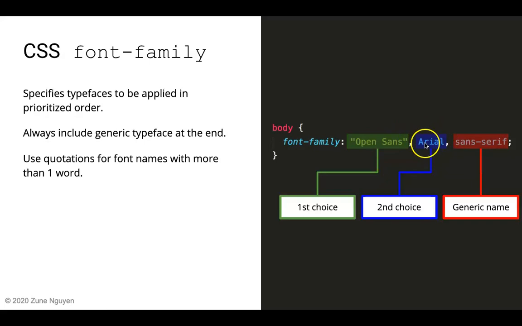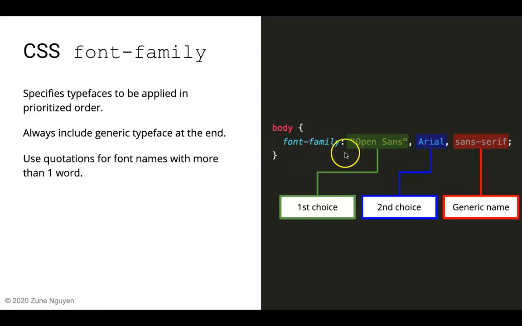It'll go to the second choice, which is Arial. And Arial is a safe backup choice because all the computers just come with Arial anyway. And then lastly, the third choice is sans-serif, which, to be extra safe, is a generic name. So let's say that for whatever reason the browser can't load Arial on someone's website, then it could just pick any sans-serif font that the computer and the browser can handle.